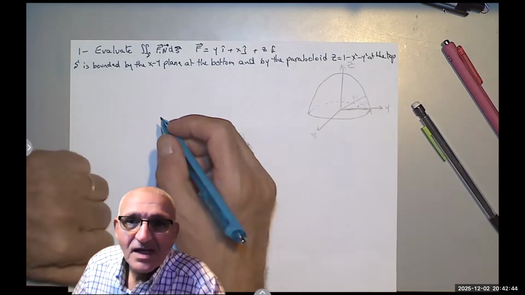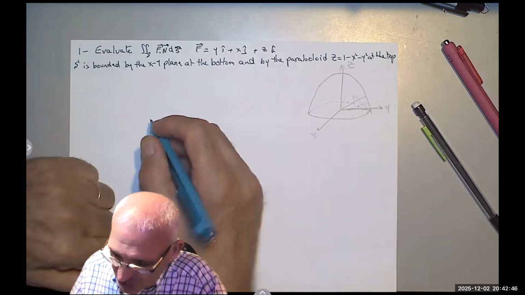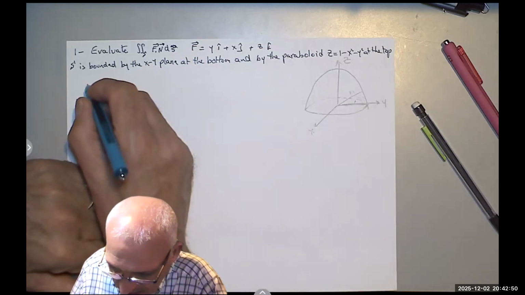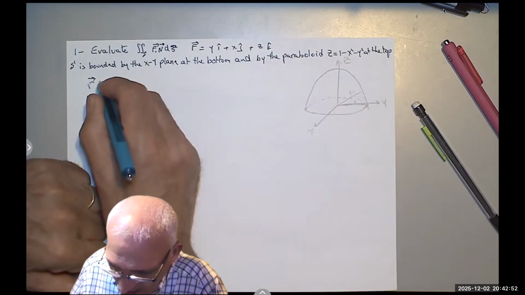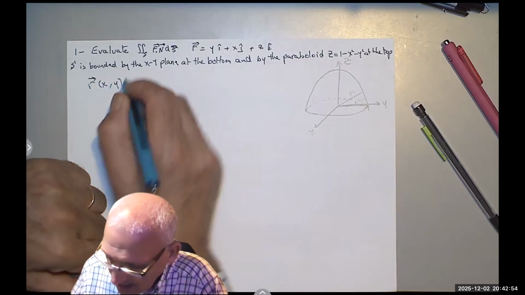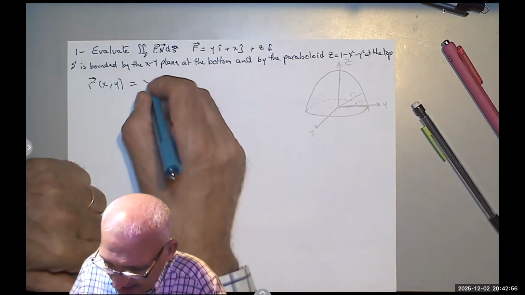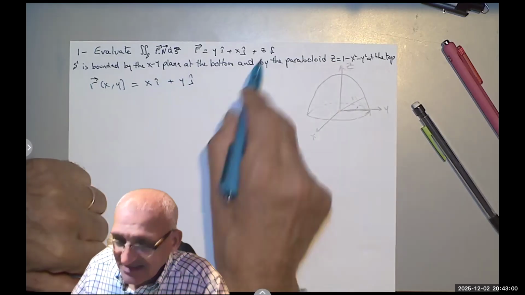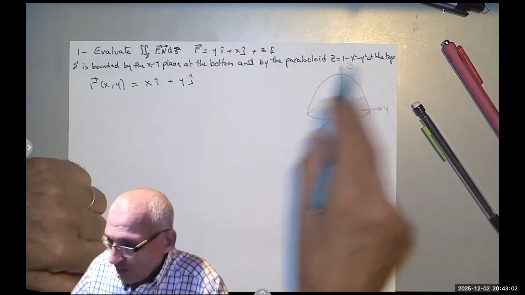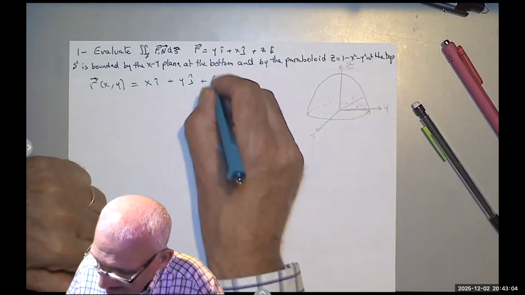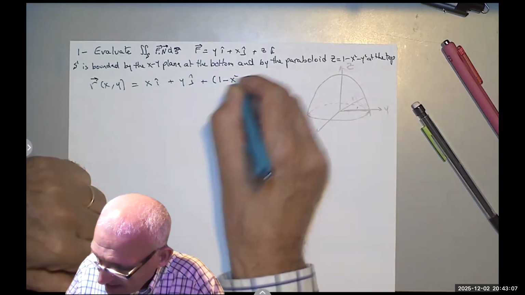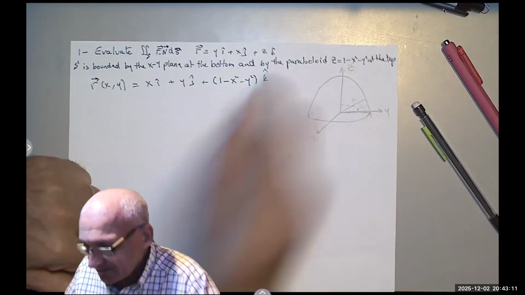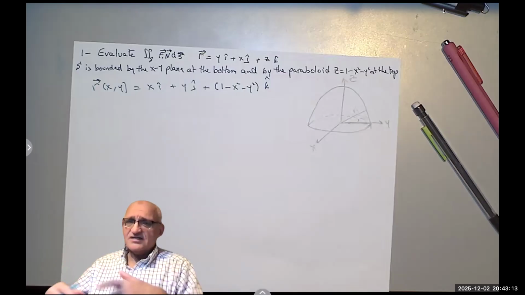So what we are going to do now is to write the parameterization R of x and y is basically x i plus y j, and z is a function of x and y, so I'm going to write it plus 1 minus x squared minus y squared in the k direction. They told you there is an equation.